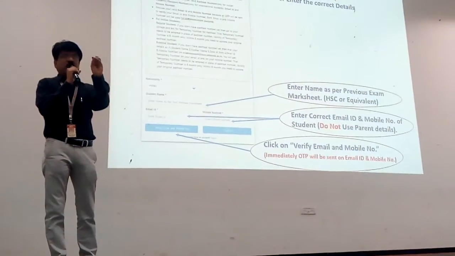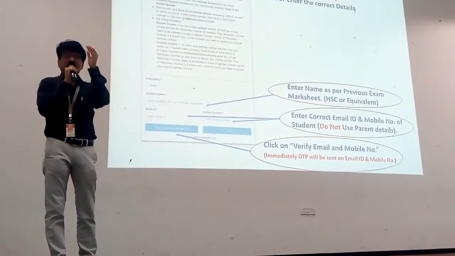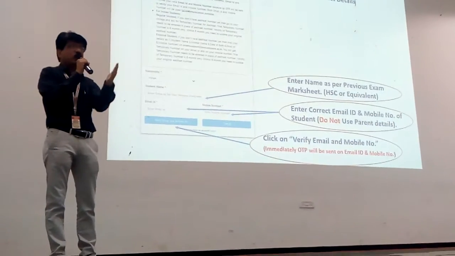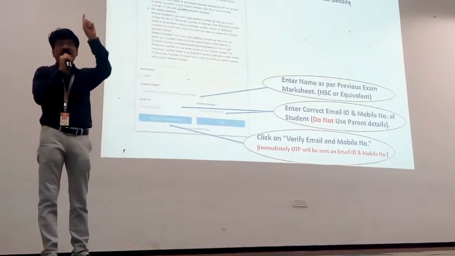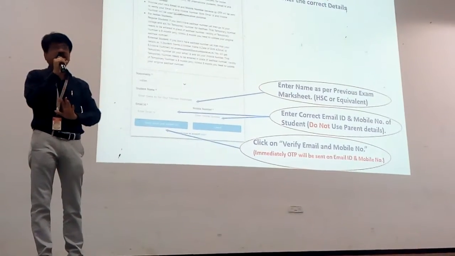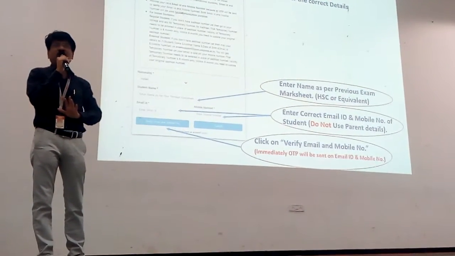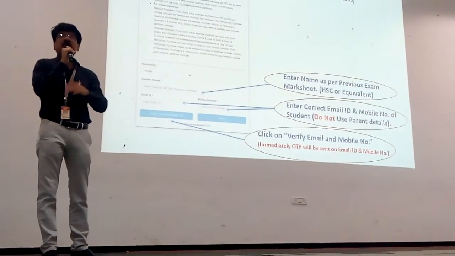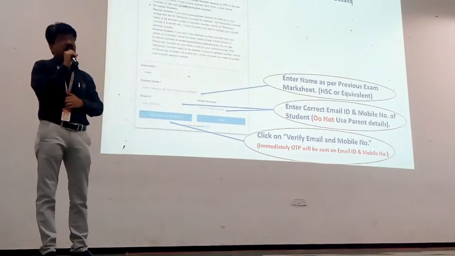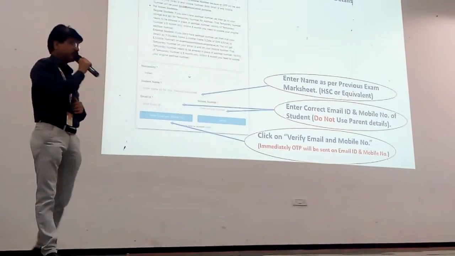Okay? Don't make a mistake. Enter it exactly as it appears on your HSC mark sheet, and you have only one chance to create your examination form. Otherwise, if your form is wrong, you have to go through a rigorous application and procedure, and then your form will be deleted by the university.